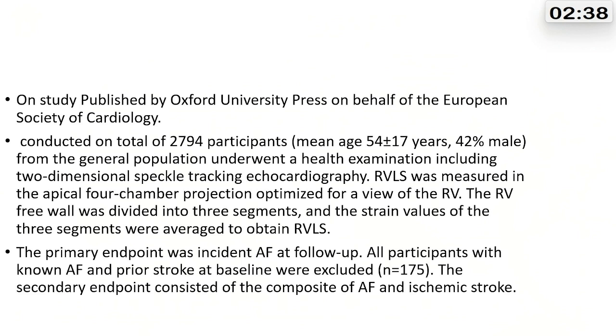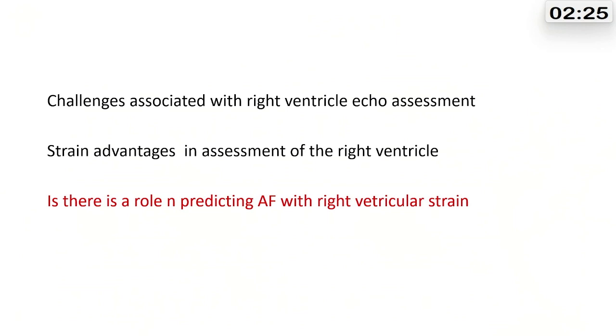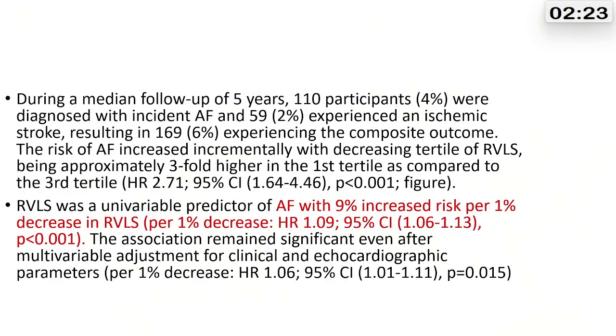You adjust for age, sex, weight, etc. And your primary endpoint is either incident atrial fibrillation, where these patients develop atrial fibrillation, or if they have a stroke, so you look at the composite endpoint. We follow these patients up to 5 years. So I will just summarize the findings.